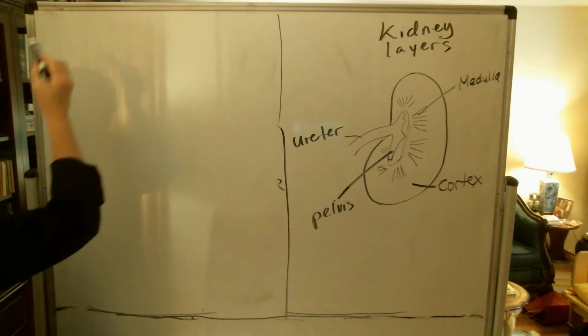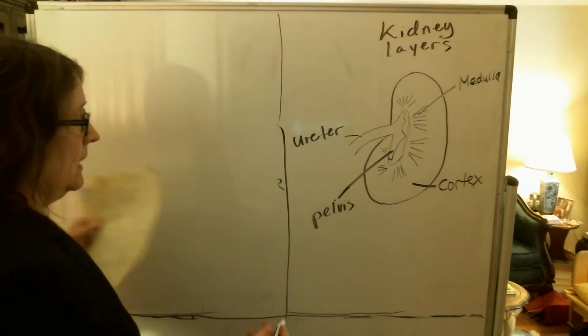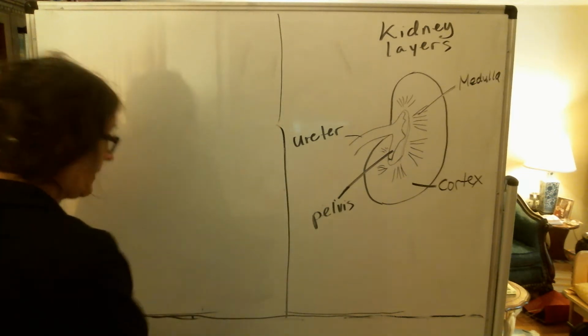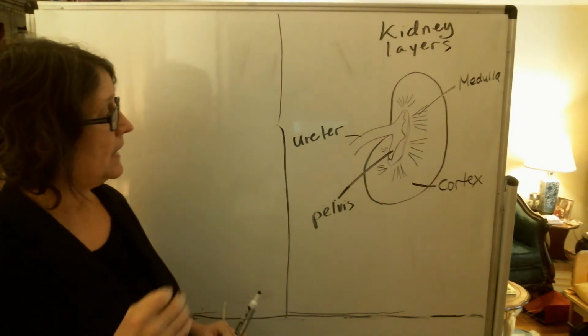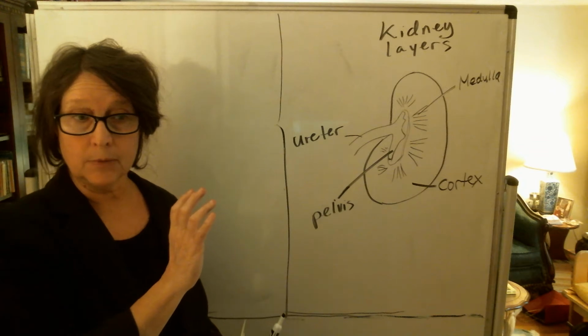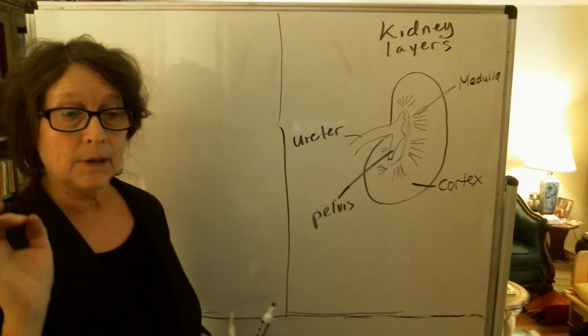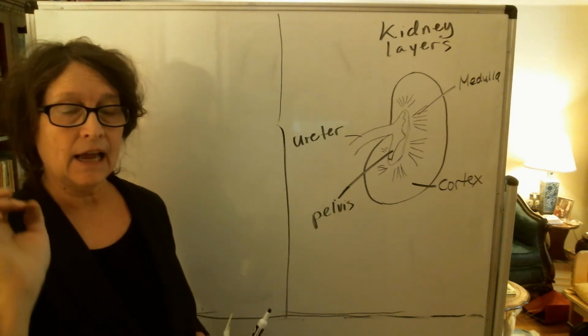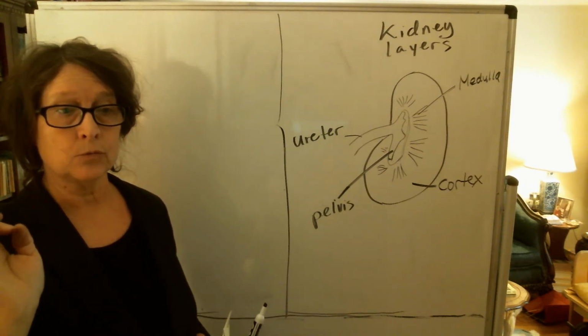So what happens is this. The kidney is where you have blood coming in. I haven't drawn in the blood vessels here, but you have blood coming in, and the blood basically has nitrogenous wastes removed.